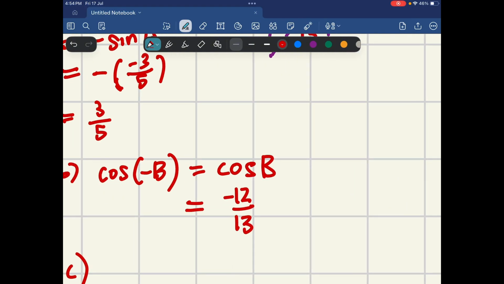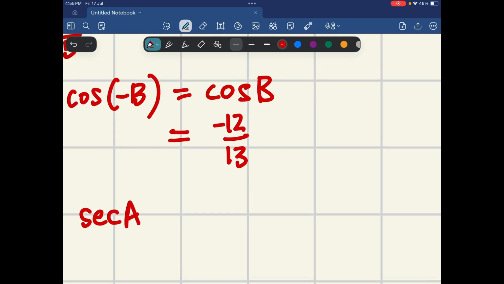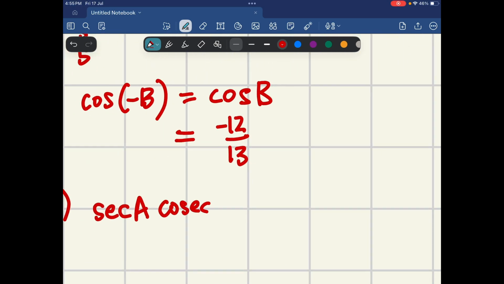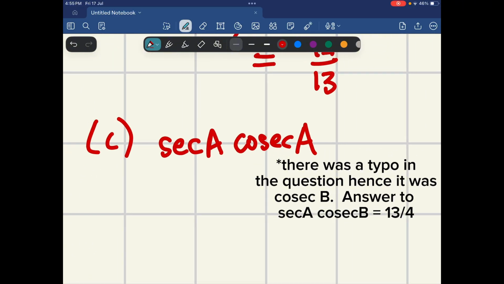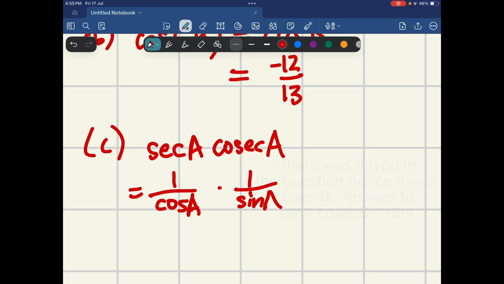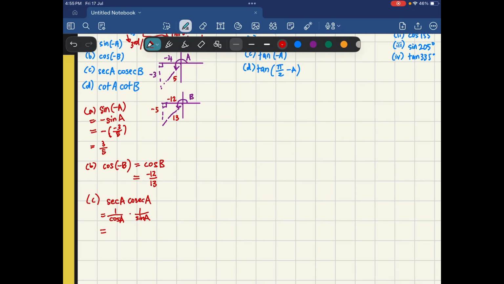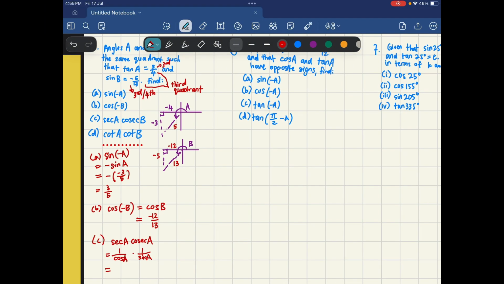For C, they want us to find secant A multiplied by cosecant A. So secant A is 1 over cosine. Cosecant A is 1 over sine. Then we have to plug in our values. Actually, we have to find them.